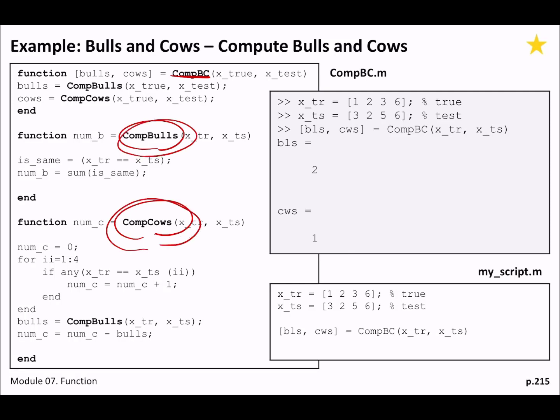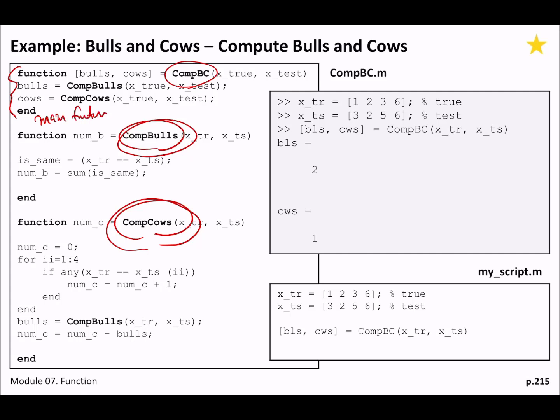Because these functions only support operations inside of compute BC, right? Okay, so that's why in this case you can store compute BC, compute bull, compute cow in the same file. Okay, then this is the main function.